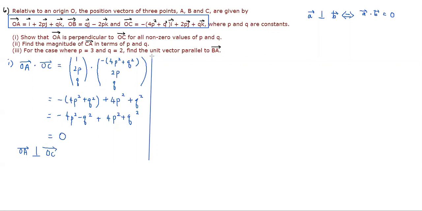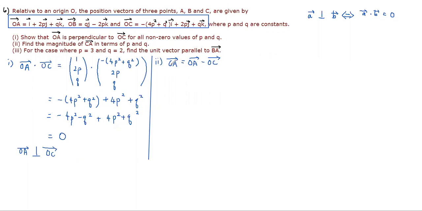For part 2, we need to find the magnitude of vector CA in terms of P and Q. So to find the magnitude of vector CA, you need to find vector CA first, and that is given by vector OA minus vector OC.